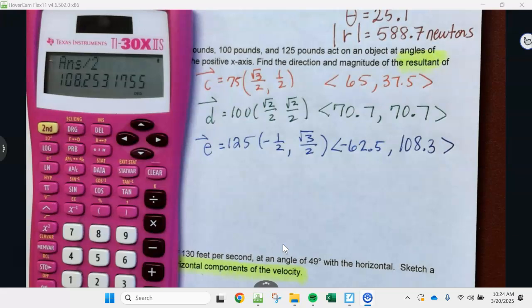Same process, y'all. Add them up, and then we're going to start finding the answers.